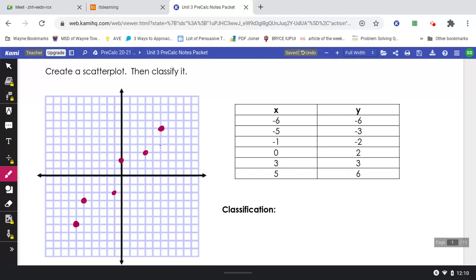And then as far as the classification goes, that one would be considered a linear scatter plot, because again, generally they're making a shape of a line. It doesn't have to be a perfect line, and it doesn't have to be all in a directly straight line, just a general shape.